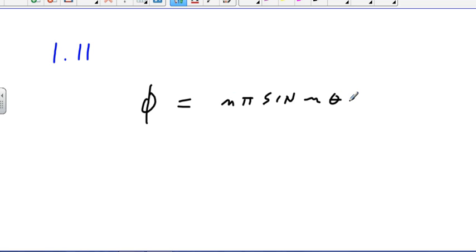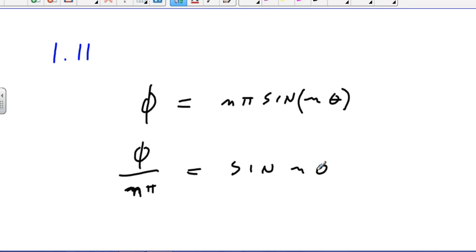Can I solve for n? No way. No, I can't solve for n because it's inside the sine thing and it's outside, so I won't solve for that. I will solve for theta. So I got phi over n pi is equal to sine n theta.